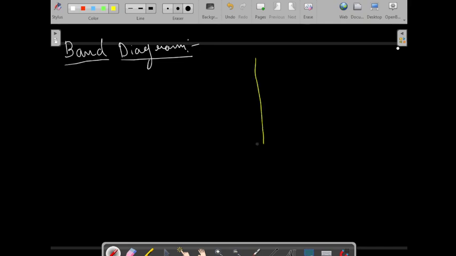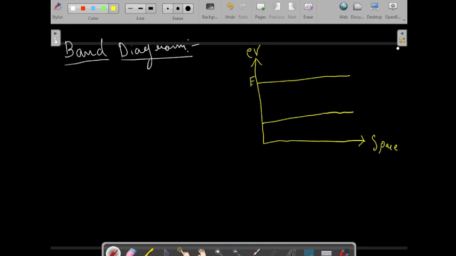On this axis is electron volt, and on this axis is space.